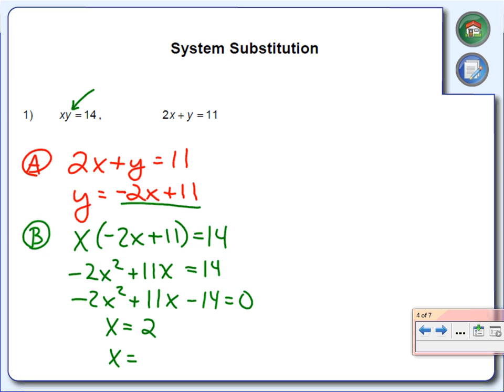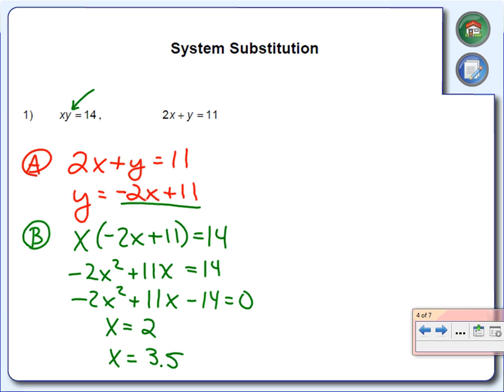You're close. I think it's 3.5, isn't it? Right in the middle. Well, remember, you're looking at the graph here. Yeah, 3.5. All right, so the two solutions here are 2 and 3.5.